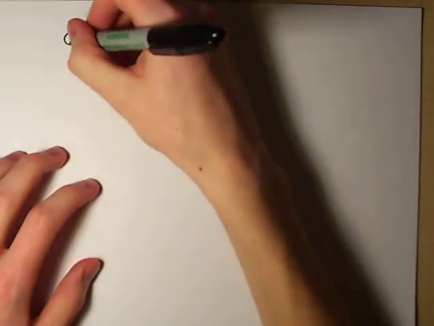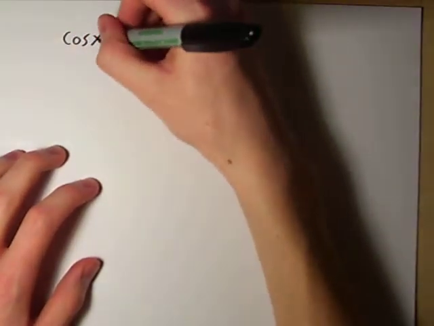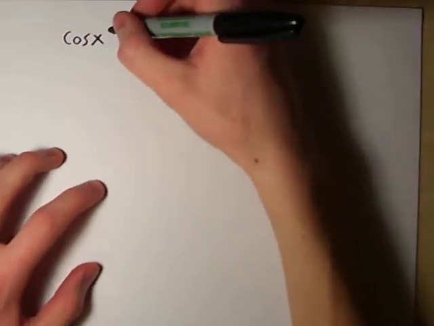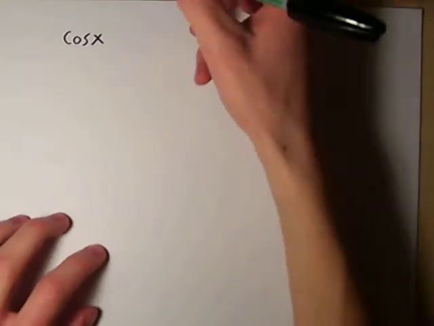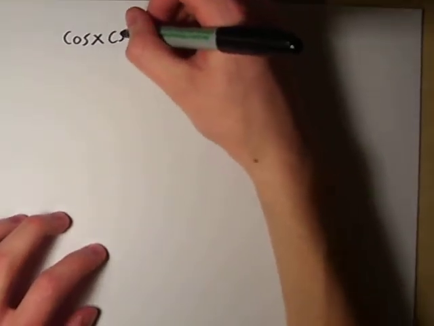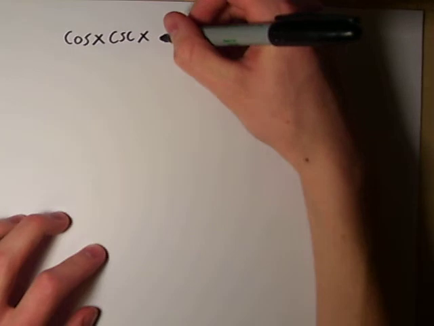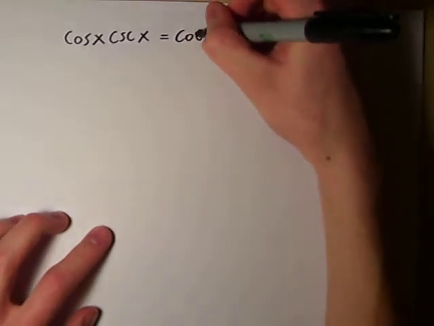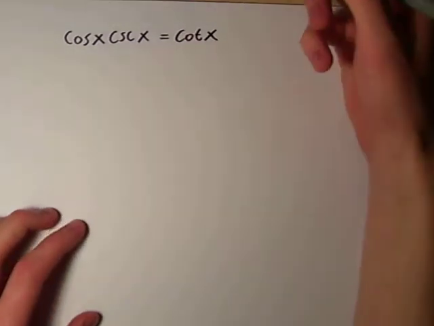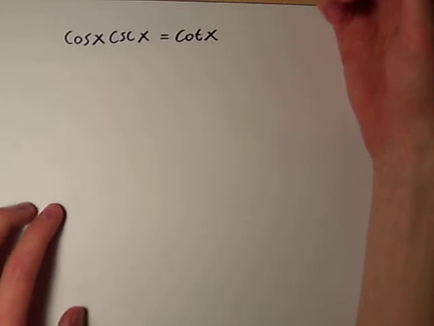Okay, if we see something like cosine x multiplied by cosecant x equals cotangent x, and you're asked to verify that this is an identity.